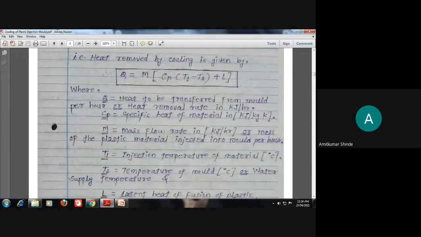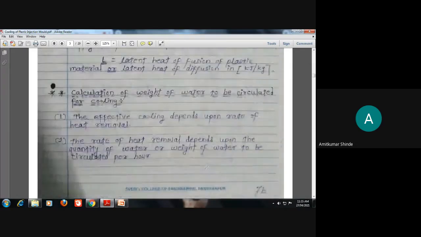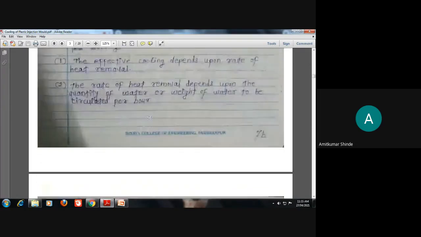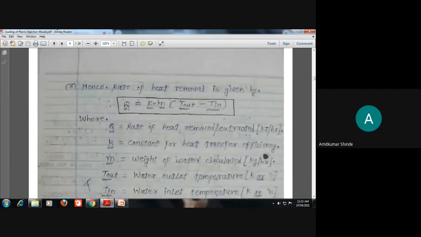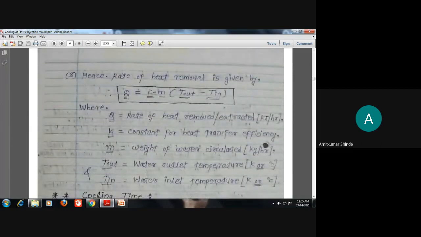Then in numerical, they may give you all these parameters and ask you to calculate rate of heat removal, or sometimes they may provide you rate of heat removal and any one unknown value from these parameters. That you have to calculate, and just take proper care of the units.